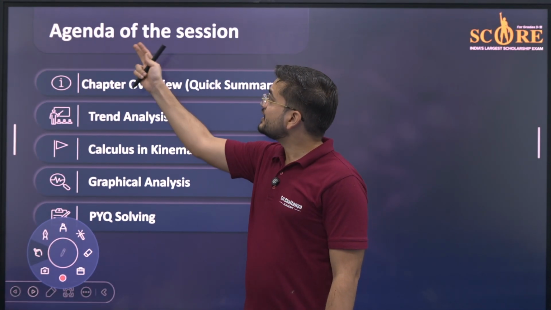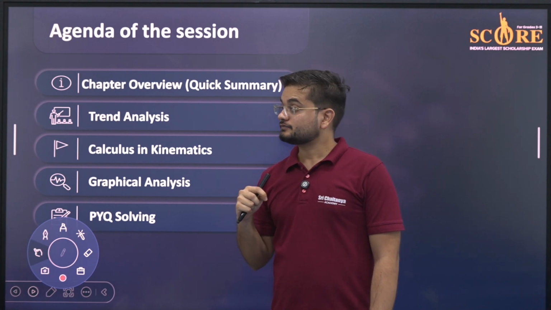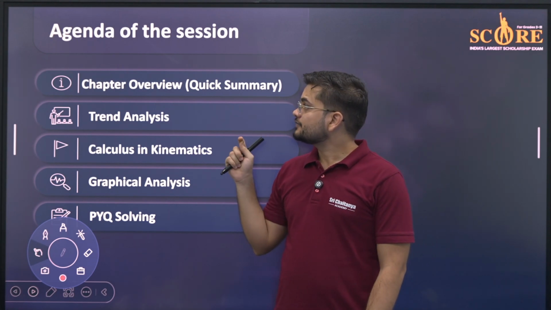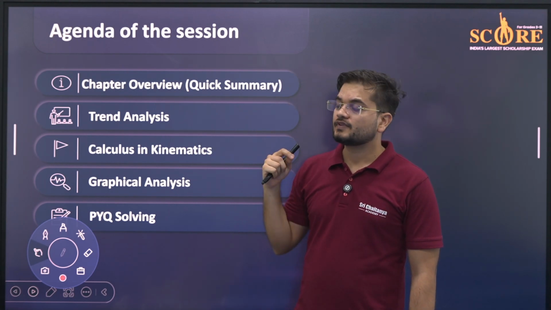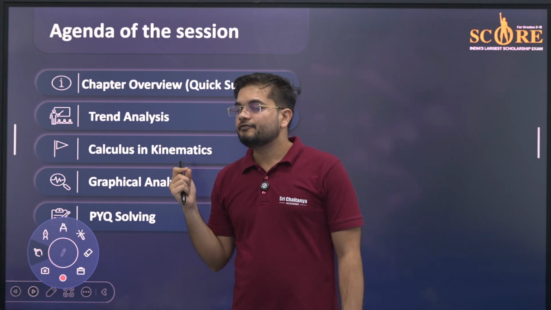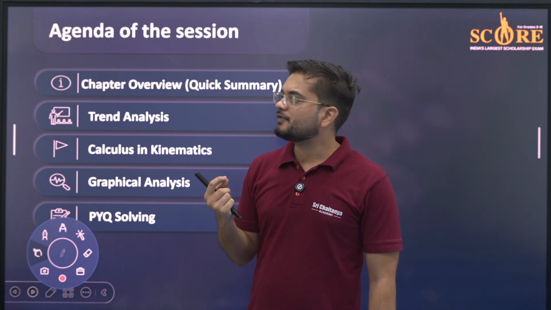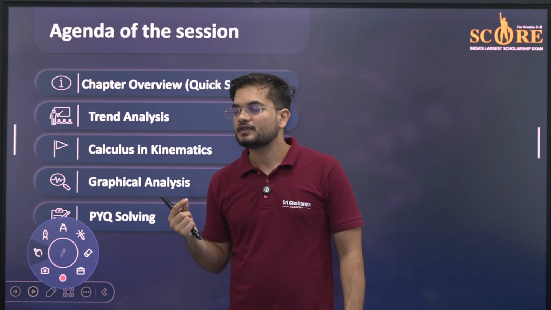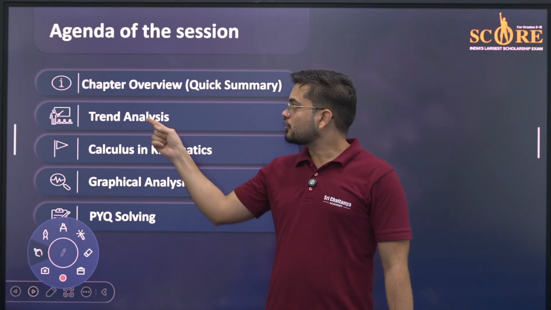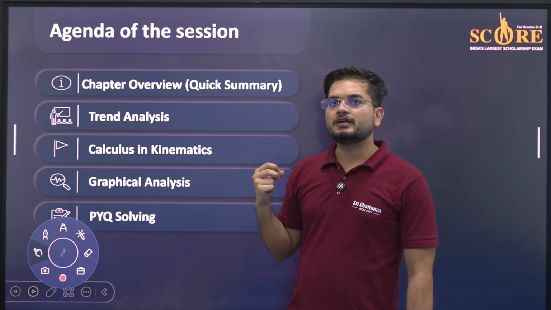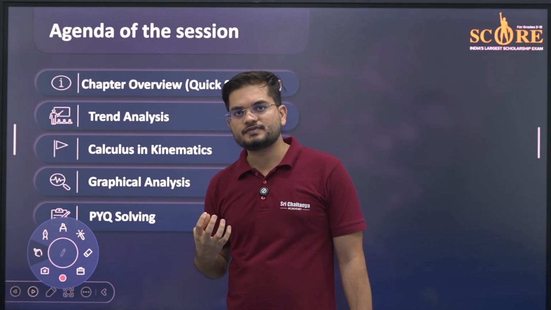Agenda of the session. First, chapter overview. In this part, we will quickly discuss some basic concepts of kinematics 1D, and then according to trend we will discuss some basic problems.